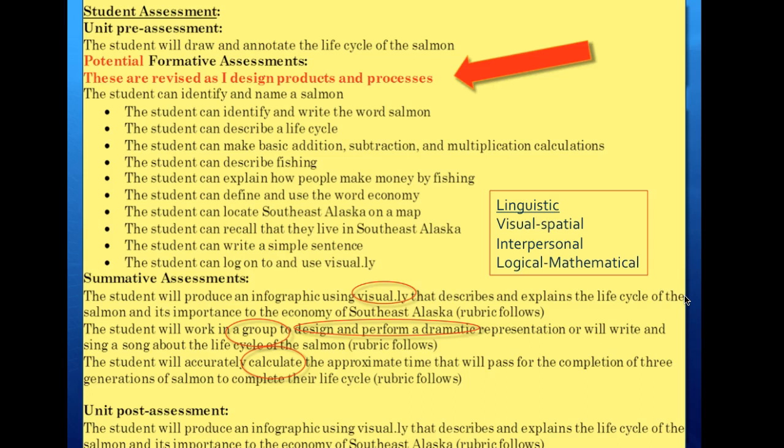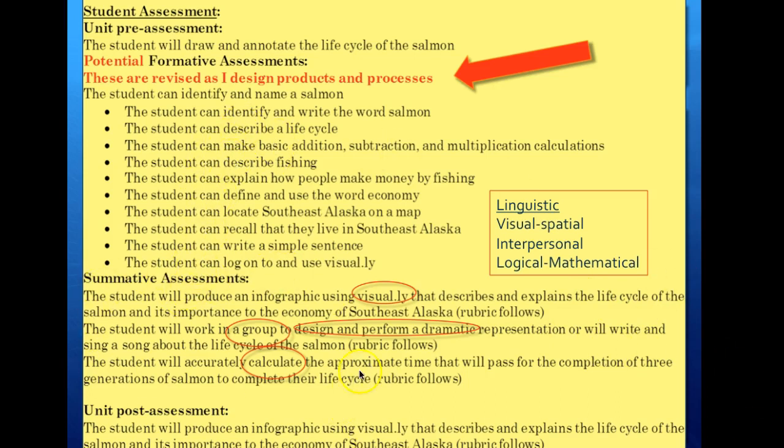So this assessment came from the Alaska Native Knowledge Network, and it's about the life cycle of a salmon. And I put the arrow on one very important concept, that these are revised design products and processes. So all these bullets are formative assessments as a teacher goes through the unit. The student can do all these things as they're moving through the lesson.